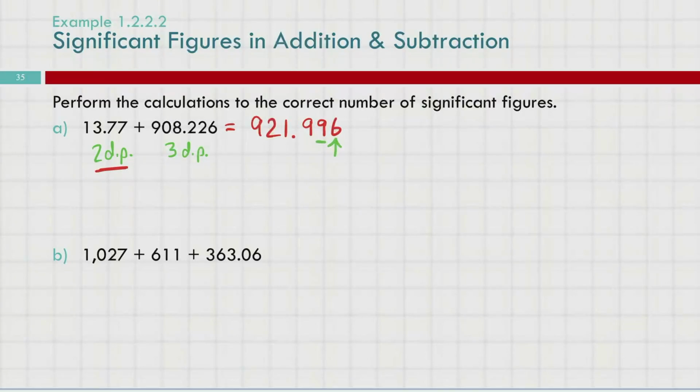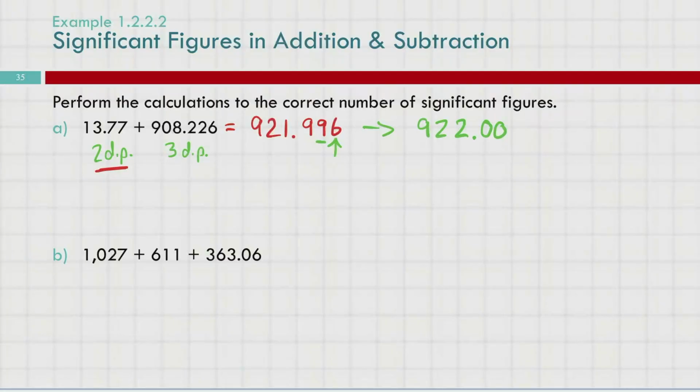Our second decimal place is our third 9. We look at the 6 to see how we round. We're going to round up. What's 1 bigger than 9? 10. So that last spot turns into a 0, and we add a 1 to the number to the left of it, which is a 9. So that turns into 10. And then we add 1 to the number to the left of it, which is a 1, so that turns into a 2.